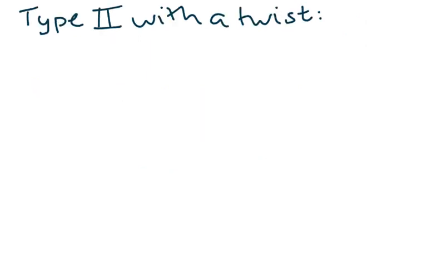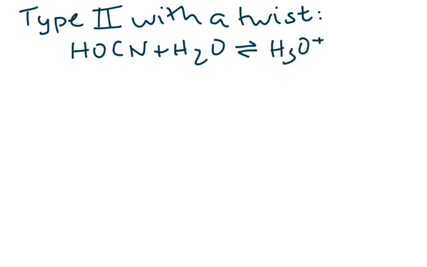Now with type 2 with a twist, you don't have zero values for both. And how you can recognize this type of question is you'll be given two chemicals in the question. So in this question, we have HOCN plus water produces H3O plus and OCN minus. So our initial is 0.1 for concentration. This is 0, but OCN minus is going to be 0.05.